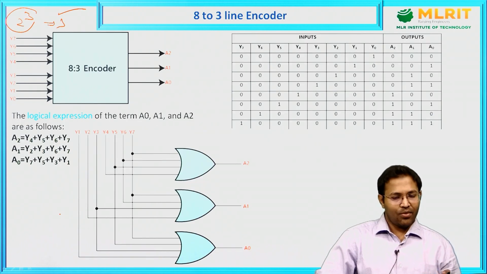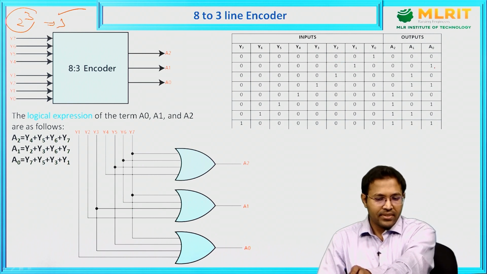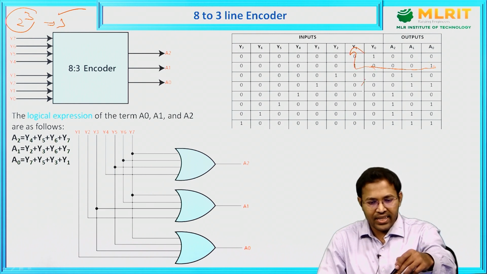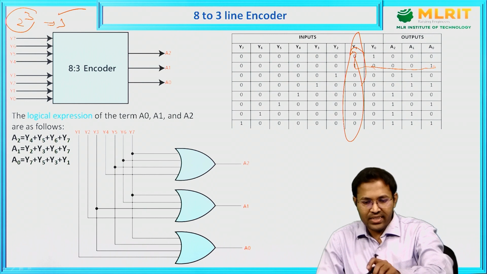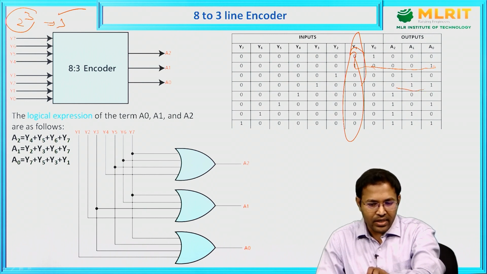Now similarly, you can come up with a similar process. Here a1 has a 1 at this place. Then where else does a1 have 1? Here. Right.